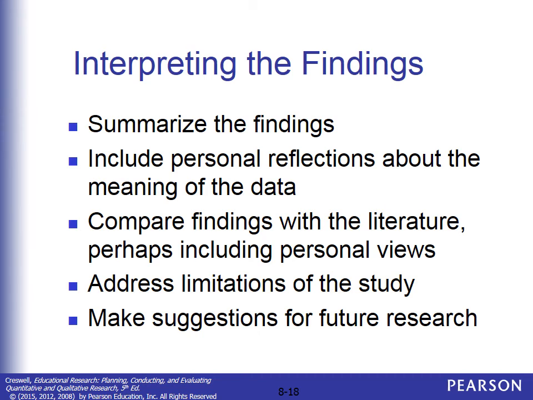Let me talk a little bit about addressing limitations for this study. Similar to quantitative research, the qualitative researcher wants to always suggest possible limitations or weaknesses to their study, and they want to make future recommendations for further research.